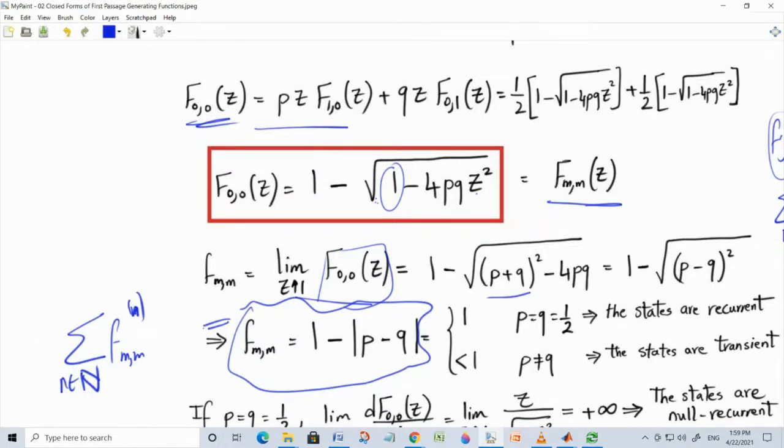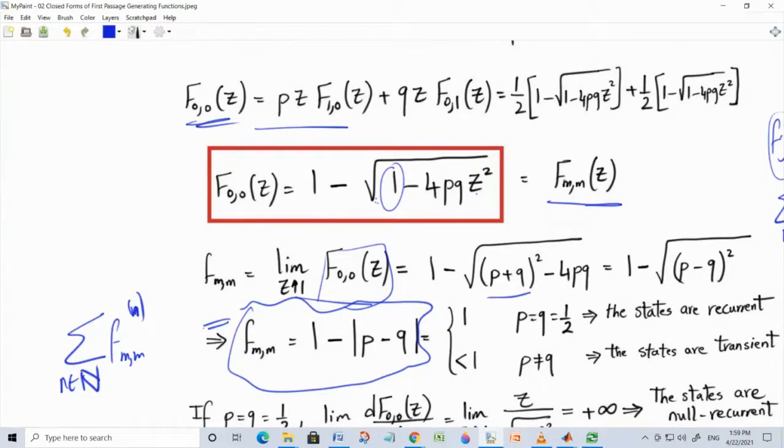There is only one possibility for a random walk that will give you F_mm equal to 1, which is when p equals q equals 1/2. That's the case of the simple random walk as I did it in the previous lecture. In that case, p minus q is 0, F_mm is 1, and indeed we are talking about a state that is recurrent.